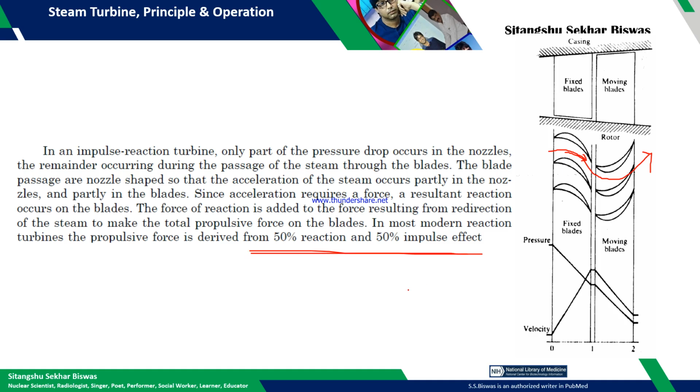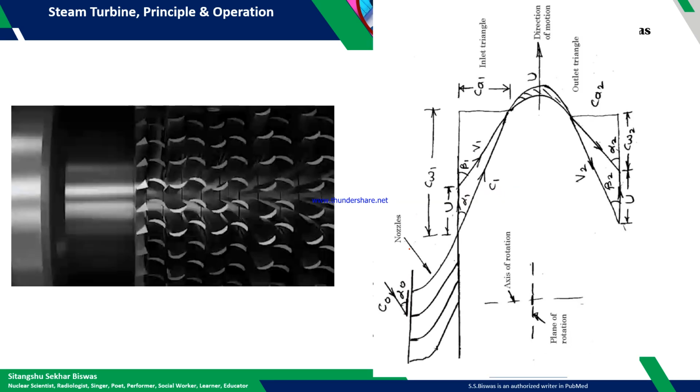So we already understand what is impulse turbine and what is reaction turbine. The torque produced in the shaft is partially due to impulsive force and partially due to reactive force.